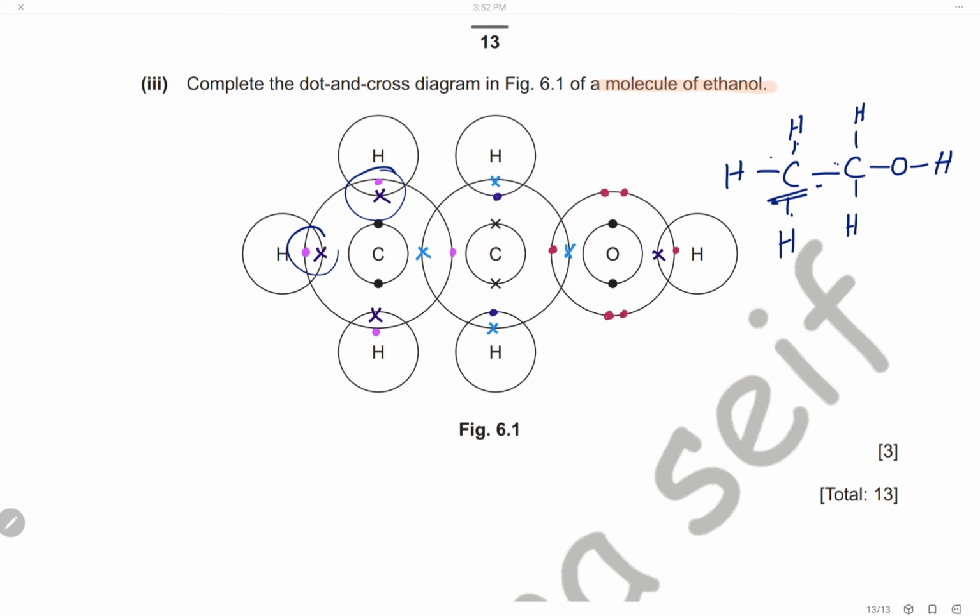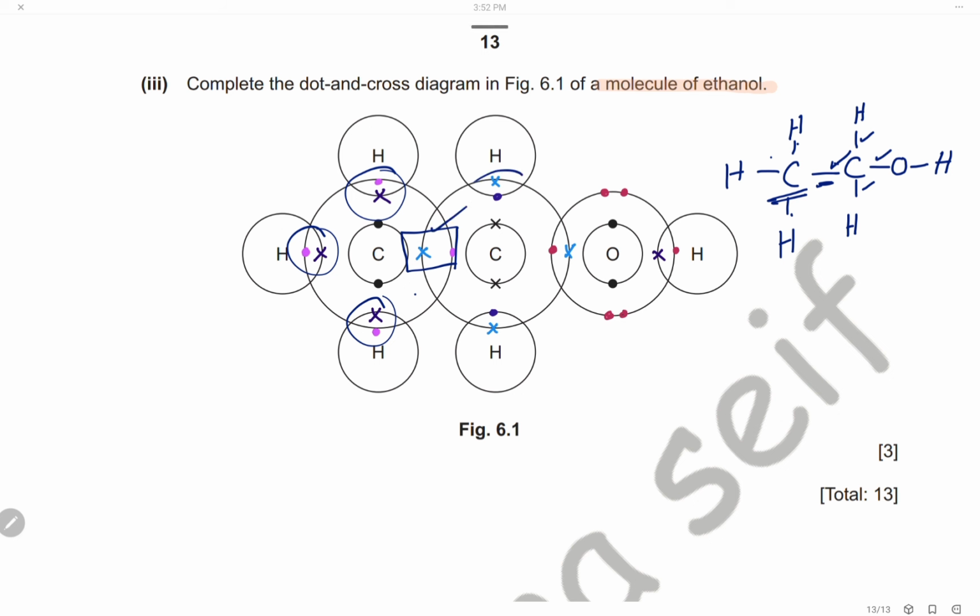Here 1, 2, 3 shared pairs of electrons between carbon and the 3 hydrogens, and the fourth pair will be with the second carbon. The second carbon will also have 4 pairs. This is the first one with the first carbon and 2 with hydrogen. The fourth will be with oxygen.